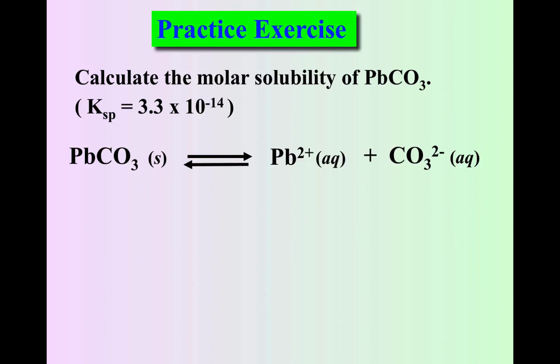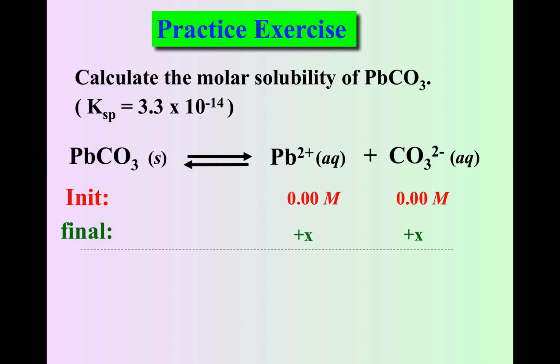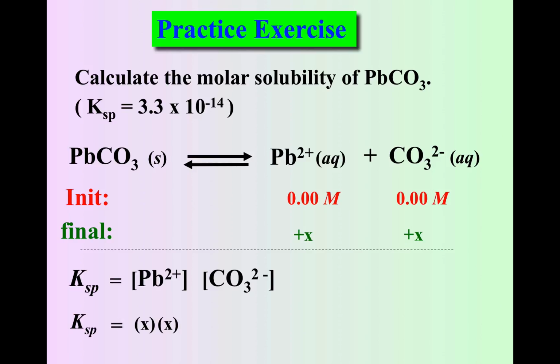The other kind of problem is calculating the molar solubility, how much of the solid is going into solution when we're given the KSP value. So like the problems in the last chapter, for every X amount of lead carbonate lost, I'm making X amount of lead ion and X amount of carbonate ion. So these are the equilibrium concentrations. We plug X in for the lead ion, X in for the carbonate ion. X times X is X squared.